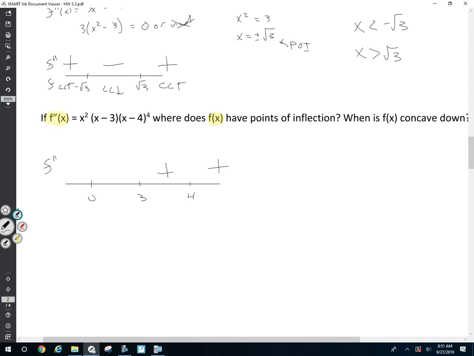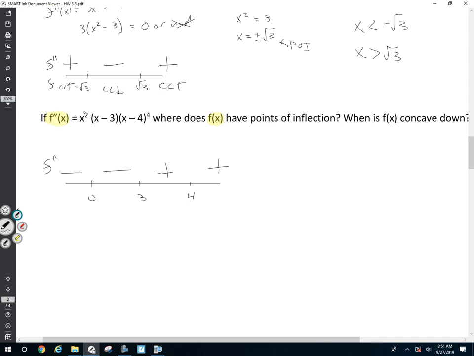Plug in 2, positive, 2 minus 3, negative, 2 minus 4, negative, but to the 4th power, positive. So positive, negative, positive, negative. Negative 1, positive, negative, positive.